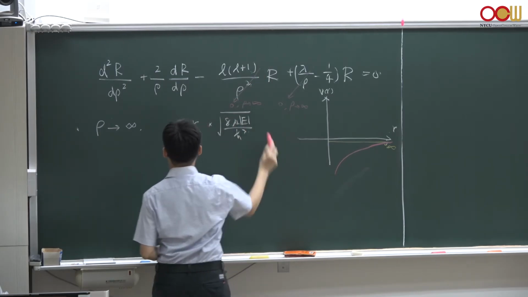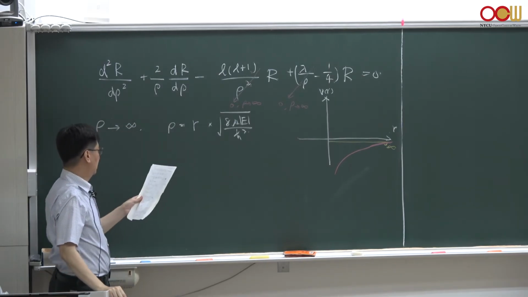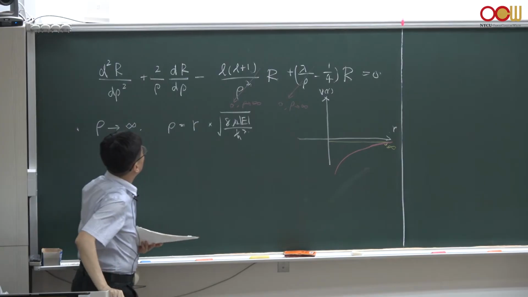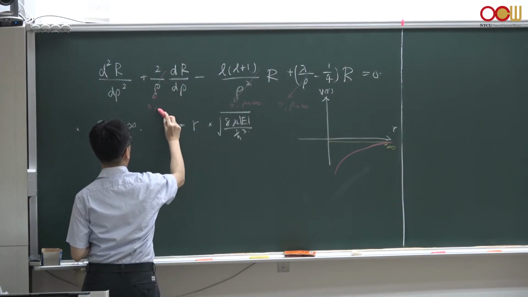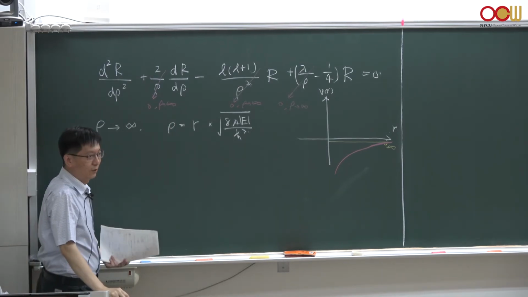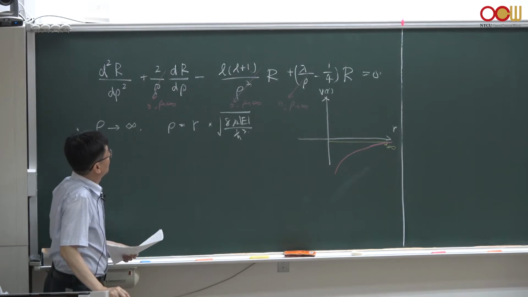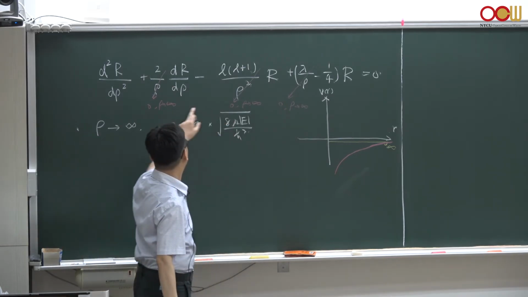So we neglect this. This 2 over rho here is also very small in this limit. Therefore, we could just ignore many terms, almost all the terms. Okay, this term is gone, this term is gone, this term is gone.